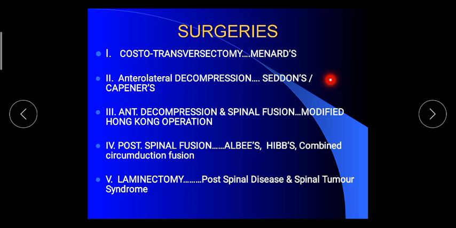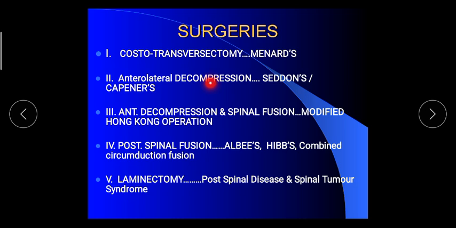It is called Seddon's operation or the Kapner's operation. This is the most common surgery that is done. The third is the radical operation called the modified Hong Kong's operation. Here anterior decompression and spinal fusion is done.